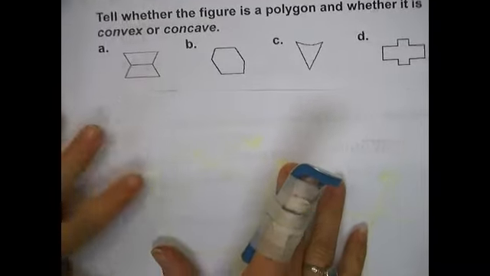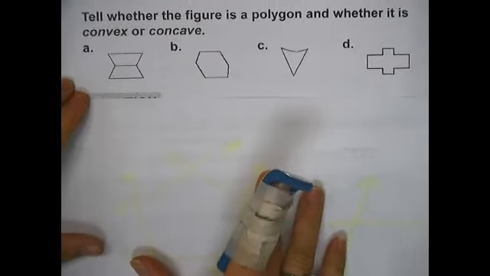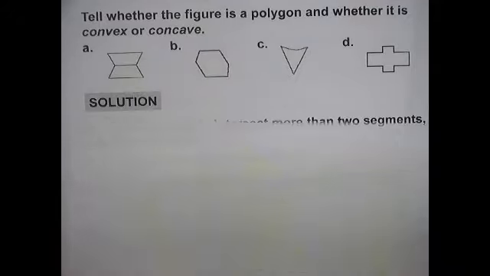Okay, next thing I'd like you to do is to look at these shapes, and on your notes just write A, B, C, and D and quickly classify. Are those convex or concave? And remember, you can pause the video to do that.